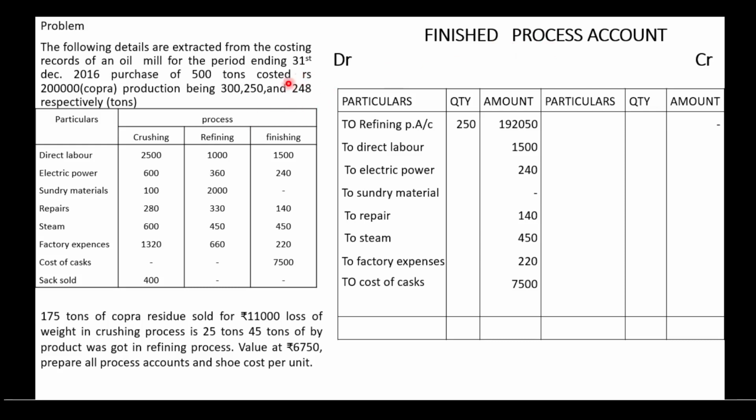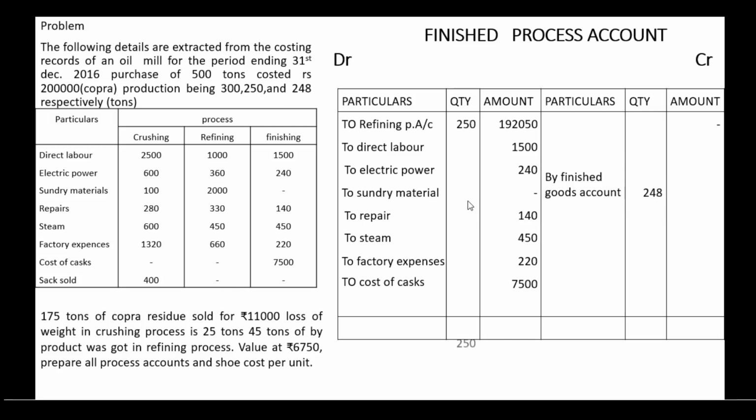That's why this output is transferred to the finished goods account. Since the finished process account is the last process here, we cannot transfer the output to a next process. So we have to show it in the entry as finished goods account. So first we enter by finished goods account. The number of tons is 248 in quantity.